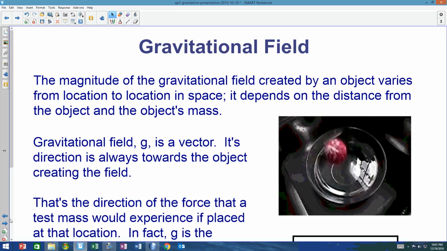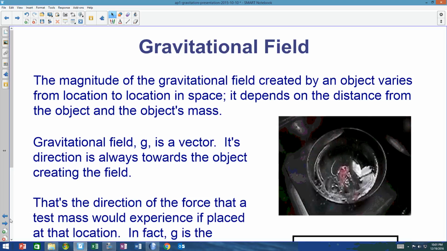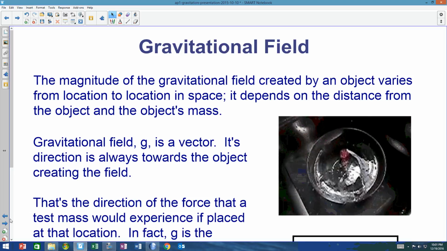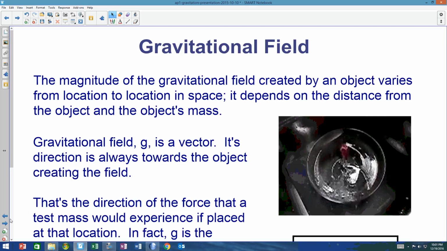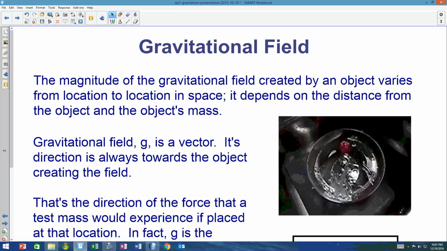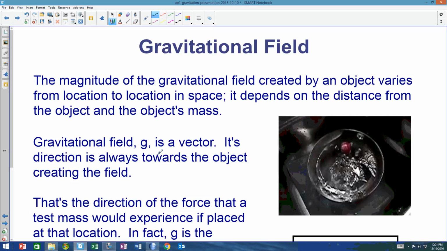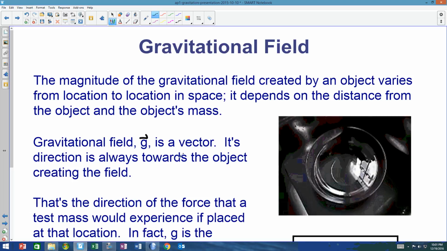The magnitude of the gravitational field created by an object varies from location to location in space. It depends on the distance from the object and the object's mass. The gravitational field g is a vector quantity. So that means it's the acceleration due to gravity, and we're going to go ahead and put a vector sign on that.